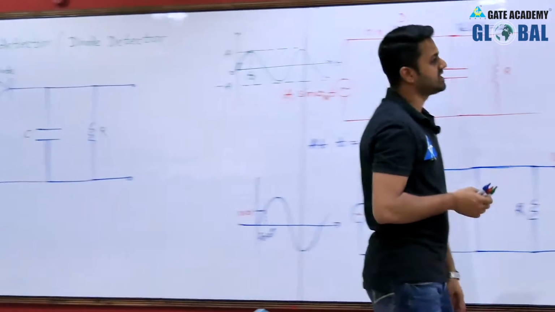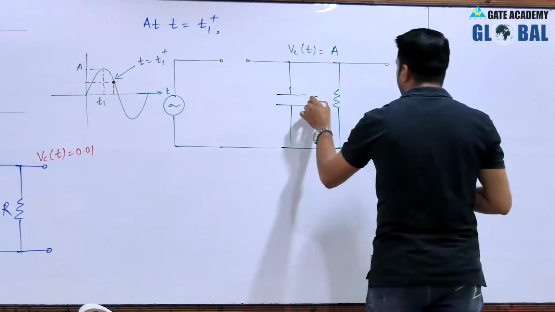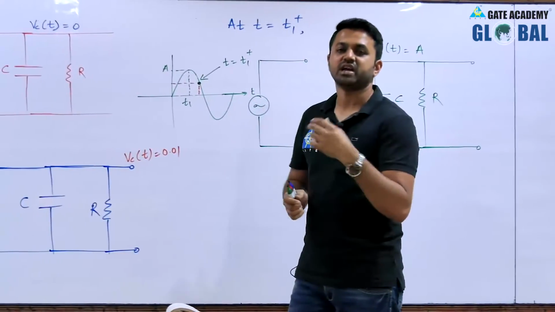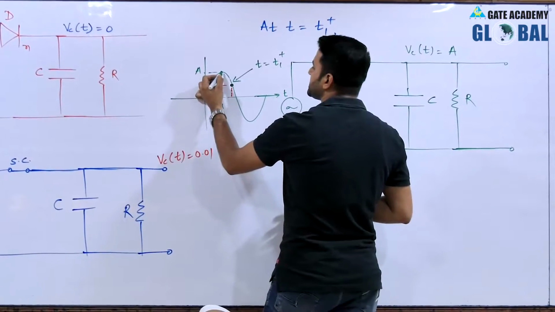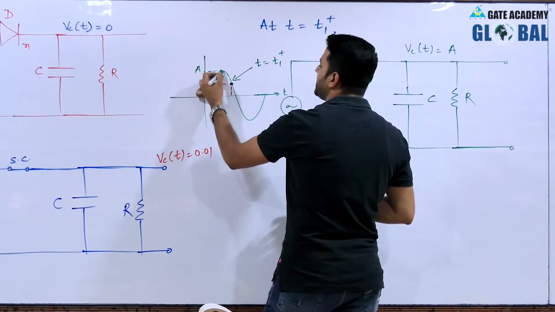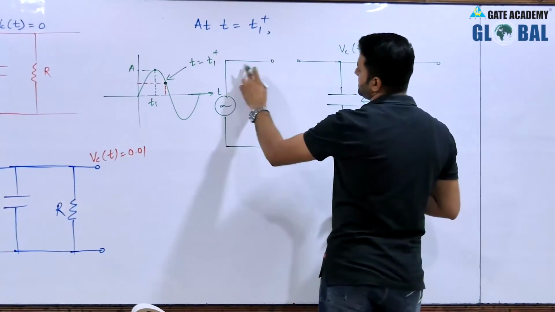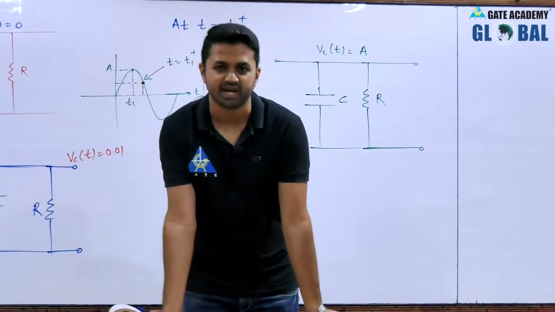Now the capacitor has been charged to the maximum value A, and after time t equal to T1, the input is decreasing continuously, and when it decreases, the voltage across the P side is less than the voltage on the N side.